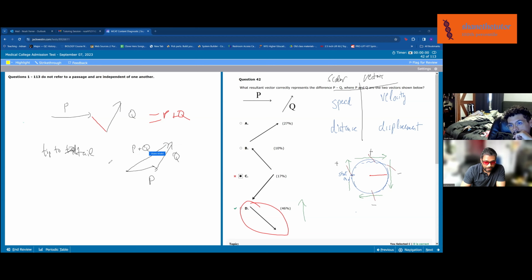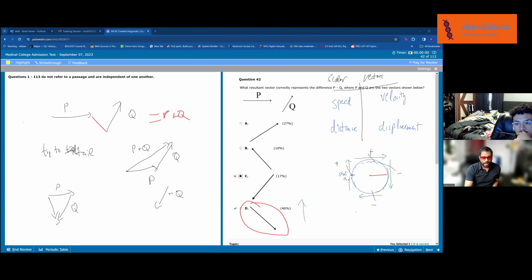All right. Now let's do this for P minus Q. That's really just P plus minus Q, which is in the opposite direction. So this is minus Q. We can have P there and Q here, and that's where it technically wouldn't be correct because it's not tip to tail.